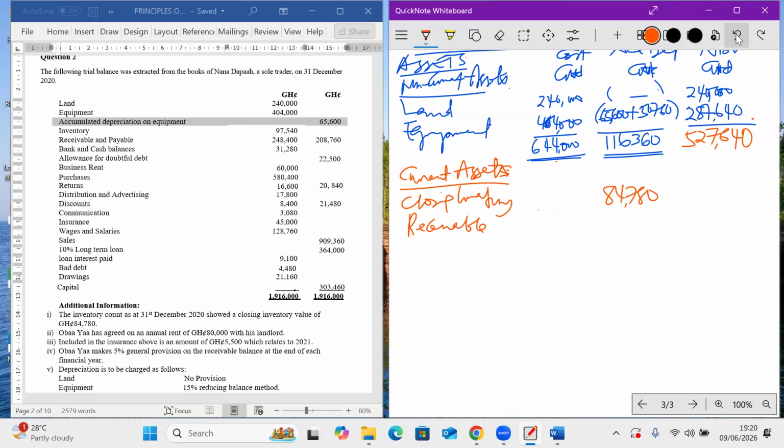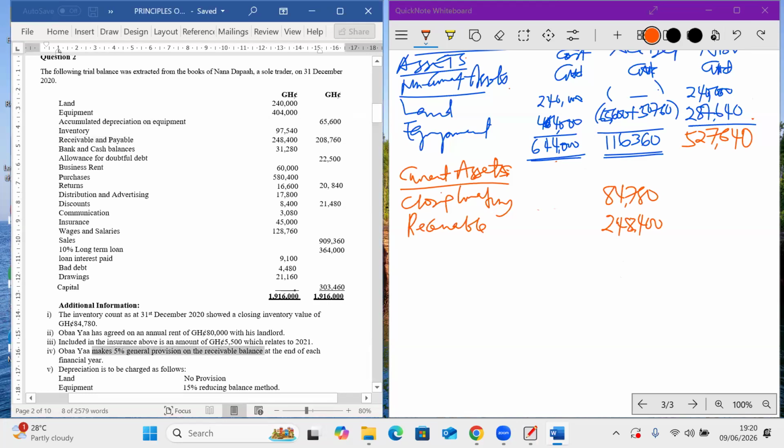Then we will go to receivables. What is the receivables figure? 248,400. Then you see there is something on the receivables in the additional information, right? Provision on the receivables. Have you seen it? Yes.